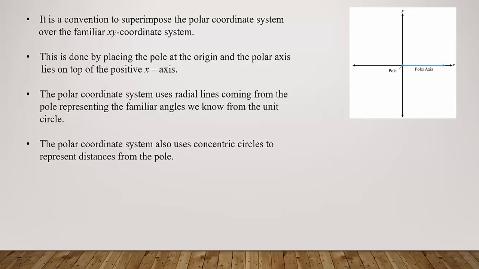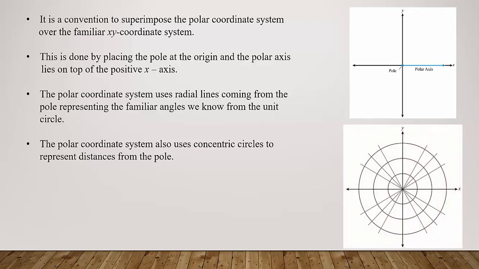So like a scaling, if you will. So here's what the complete polar coordinate system looks like when it is superimposed on top of our familiar Cartesian coordinate system. So you see the radial lines. In quadrant 1, the first radial line matches up with a theta value of pi over 6. The second radial line matches up with a theta value of pi over 4.